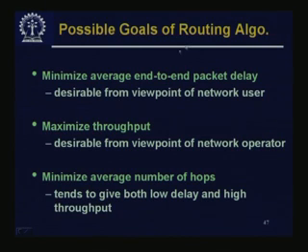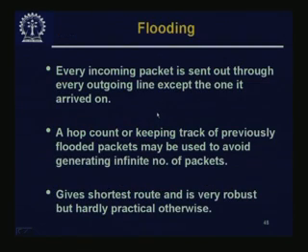Possible goals of a routing algorithm may be to minimize average end to end packet delay, maximize throughput, or minimize the average number of hops. Another way we do routing is to flood. Flooding means some kind of broadcast. A router, if it wants to flood something, will send the same message to all the routers who are connected.